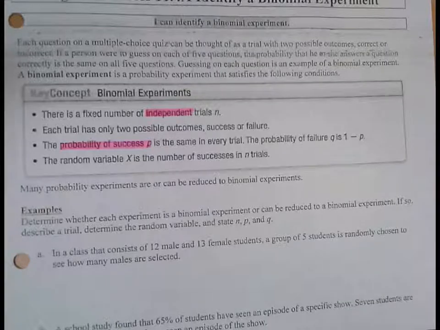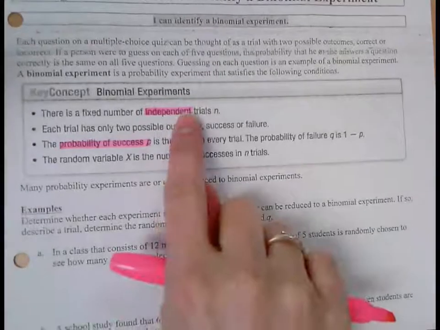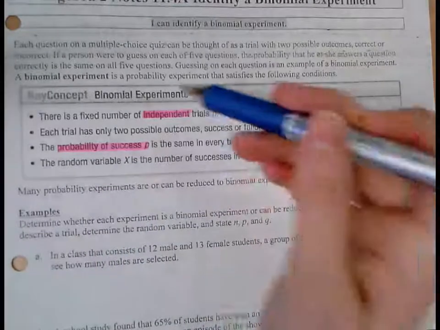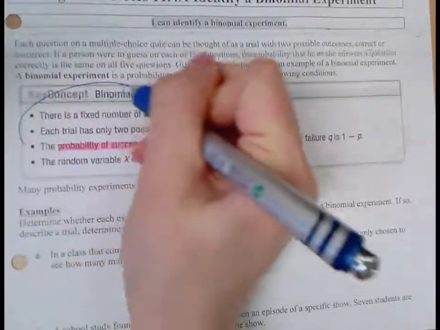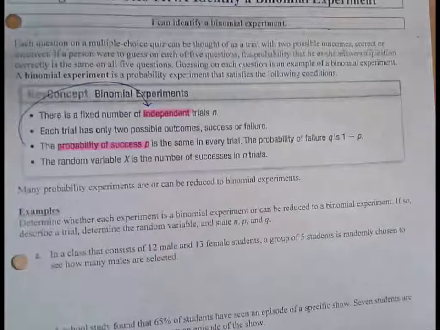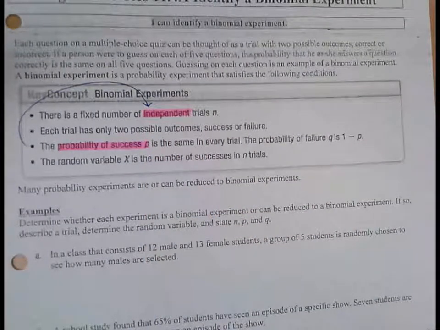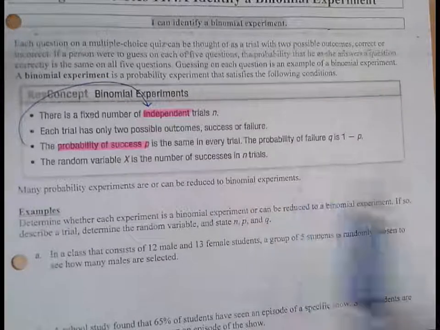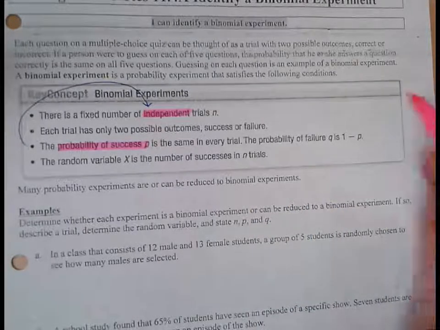How I answer the first one doesn't change my probability of getting question 2 correct. That is what independent means. When it talks about independent trials, that means every trial has the same probability of success. If your probability of a success changes from each trial, then it's not a binomial experiment.